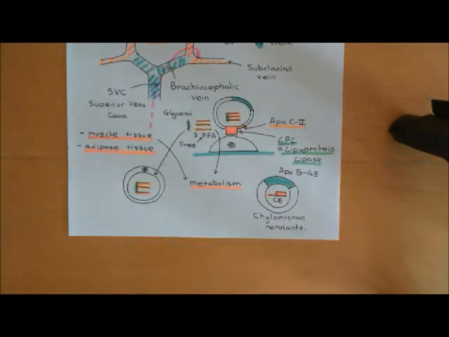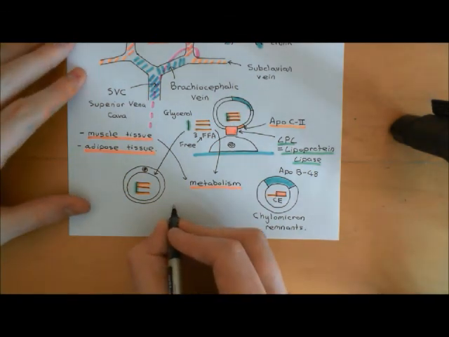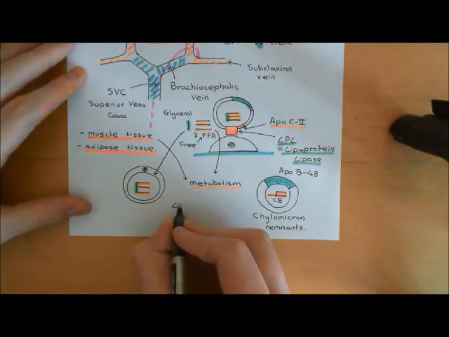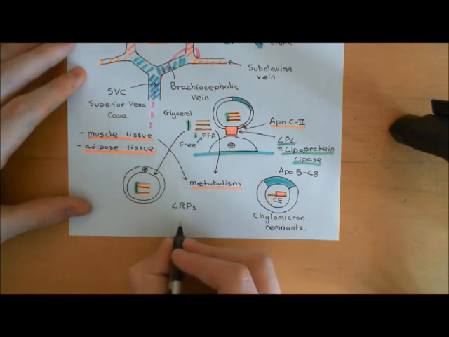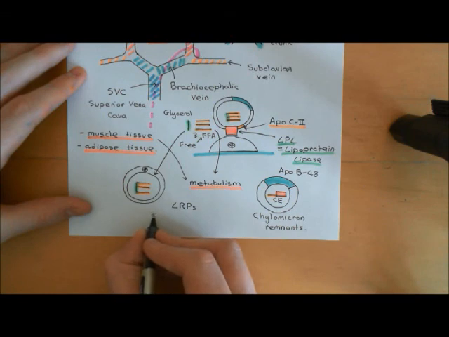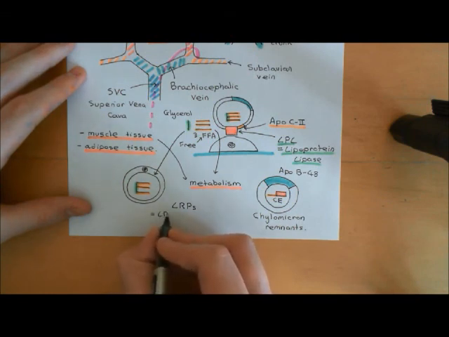However, the main receptors that chylomicrons use are not the actual LDL receptor itself, but receptors very similar to the LDL receptor, which are a family known as the LRPs. The LRPs are LDL receptor related proteins.